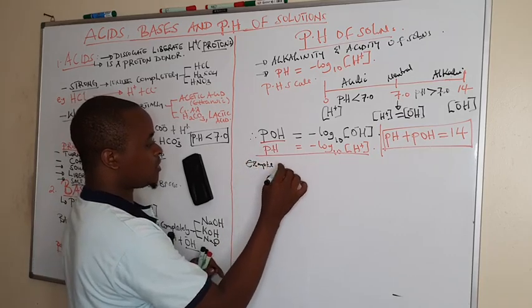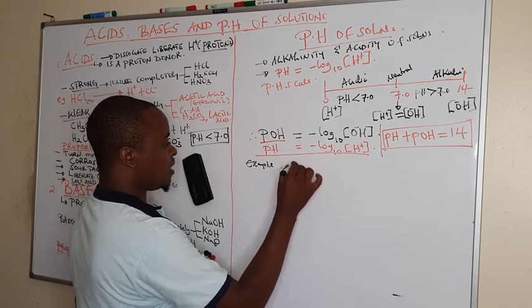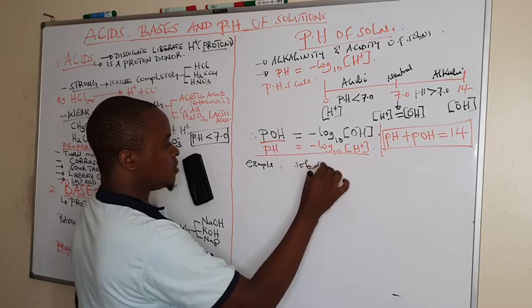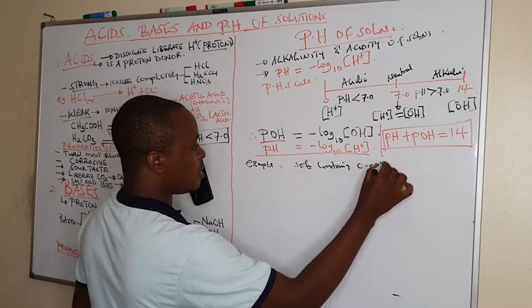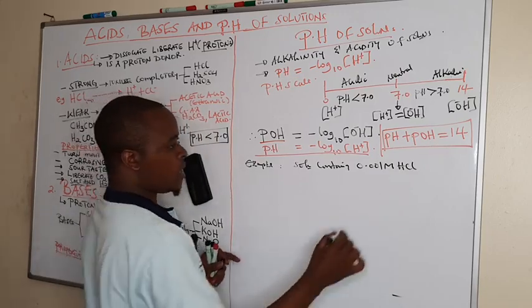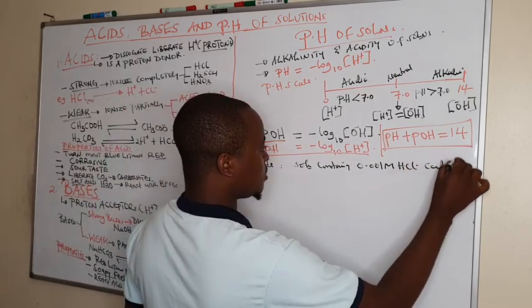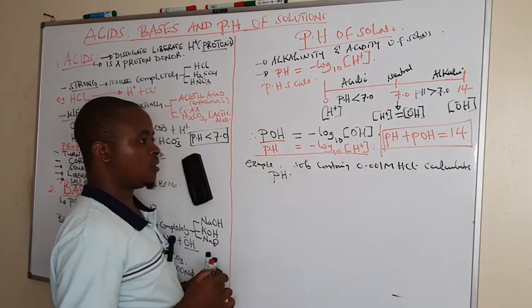In case I tell you that I have a solution containing 0.001 molar hydrochloric acid, and I ask you to calculate the pH of the solution.